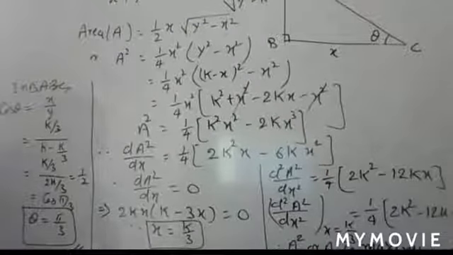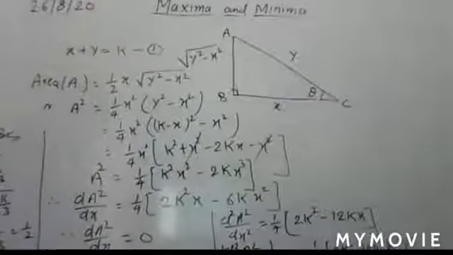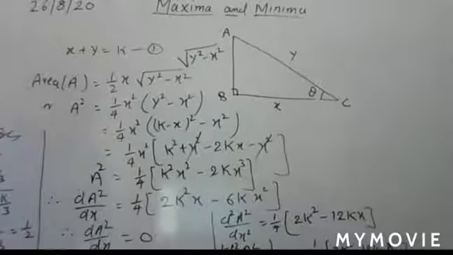What is given in this question? Here you have to show that the surface area of the closed cuboid is minimum when it is a cube.